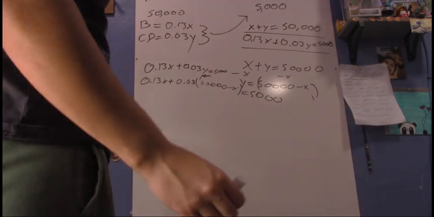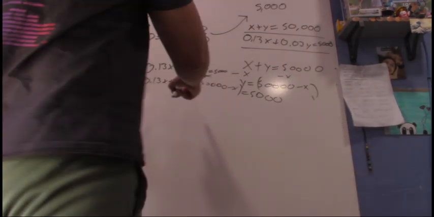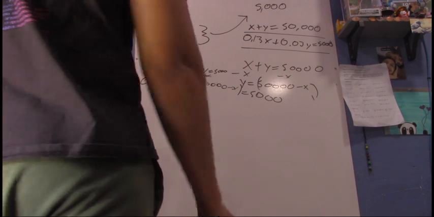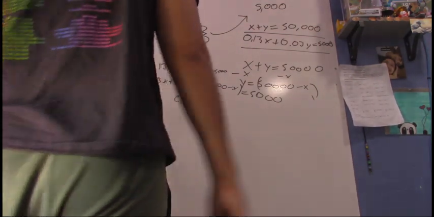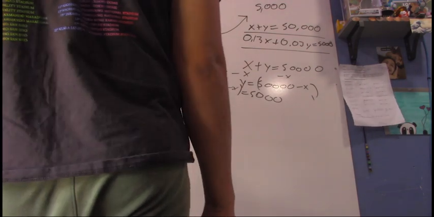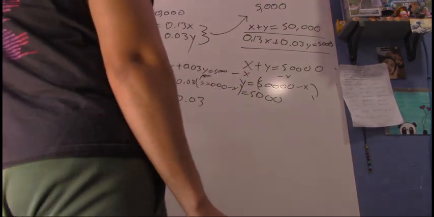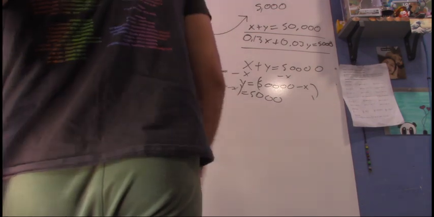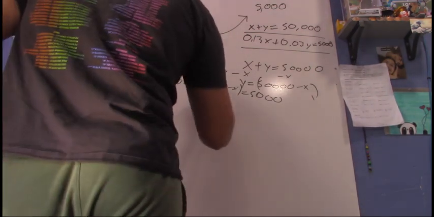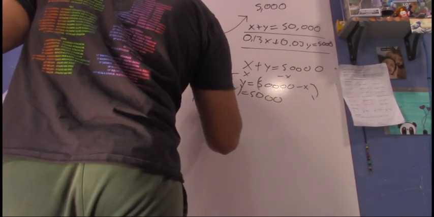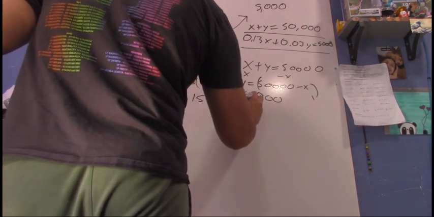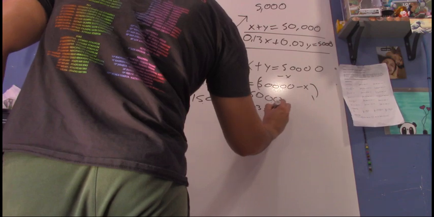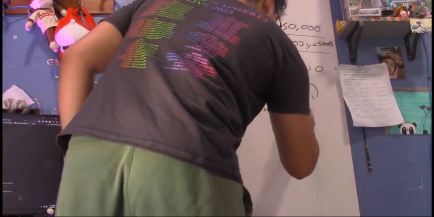So now that we have that, we could just do some basic math. 0.03 times, you just distribute it, right? 0.03 times 50,000 is 1,500. Minus 0.03x equals 5,000.